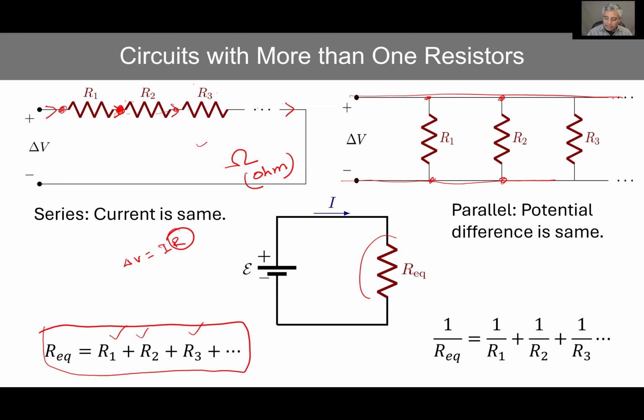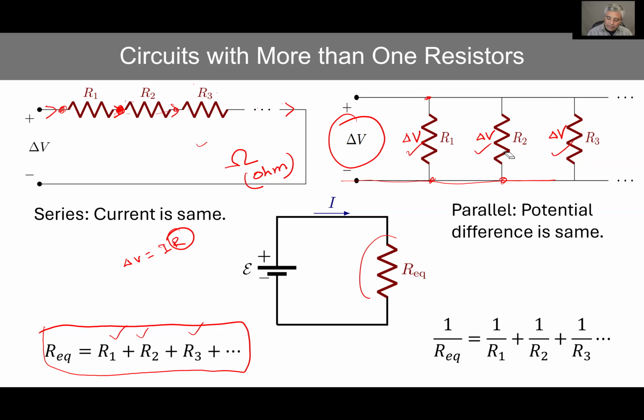This kind of connection is called parallel. In that situation, the potential here, here, and here is going to be the same, and that's the same as this one there.